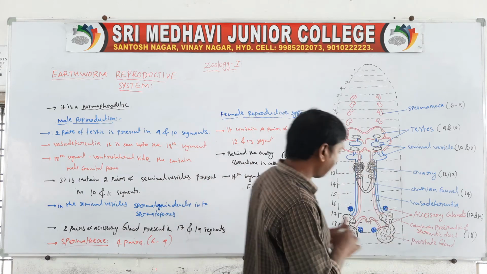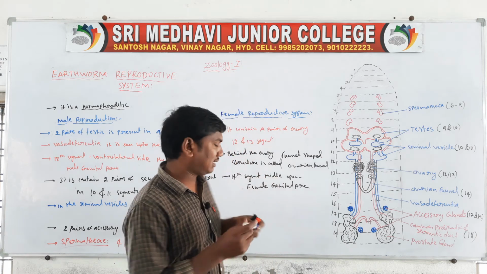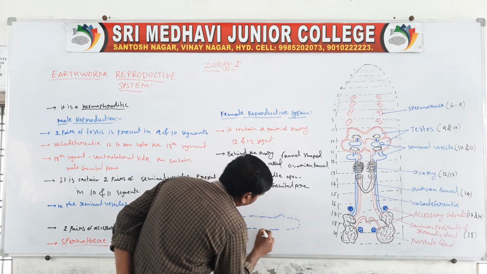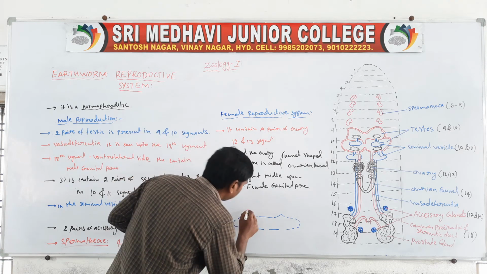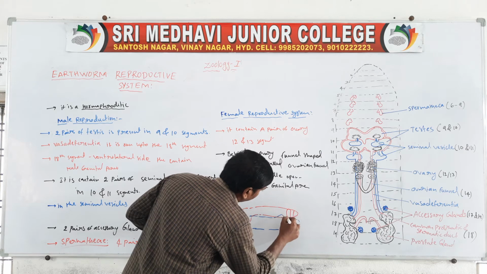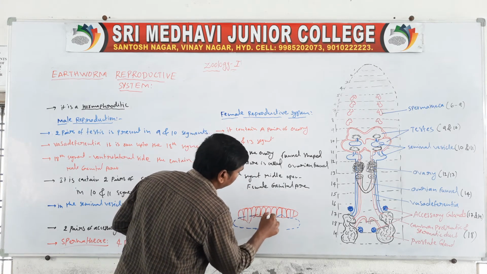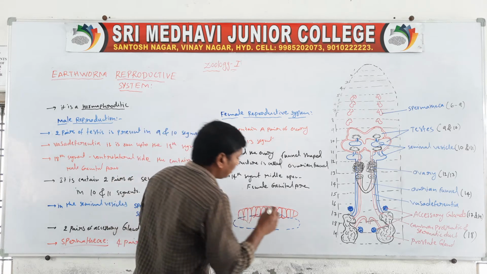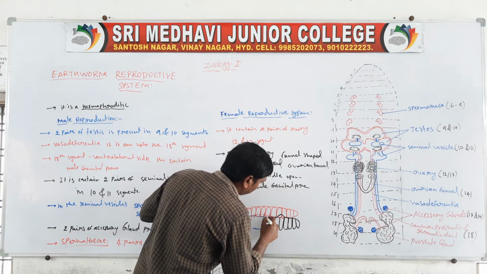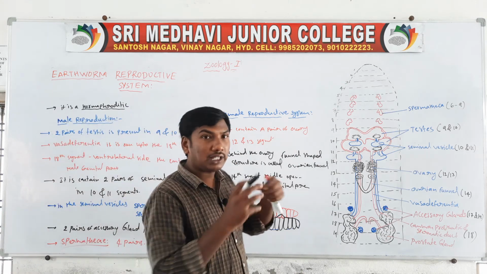At the time of copulation, two earthworms copulate in juxtaposition, in opposite directions.